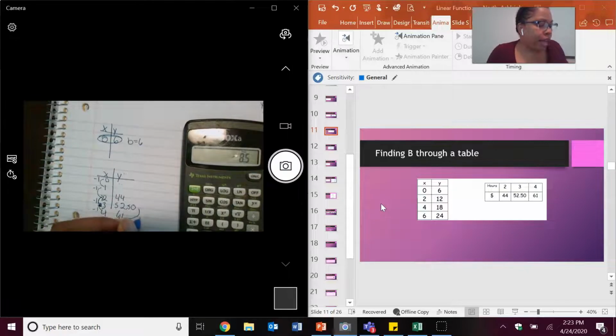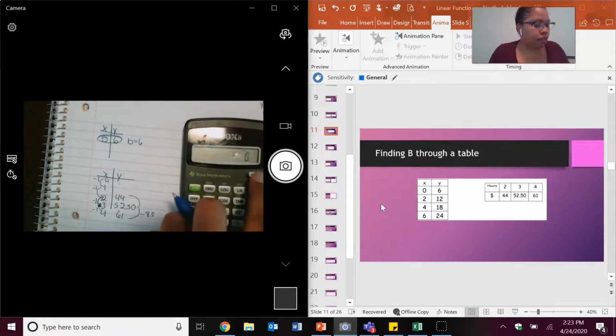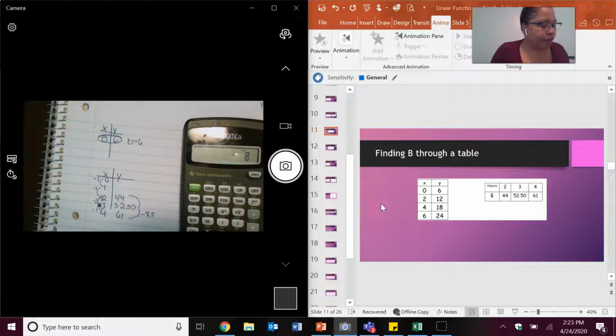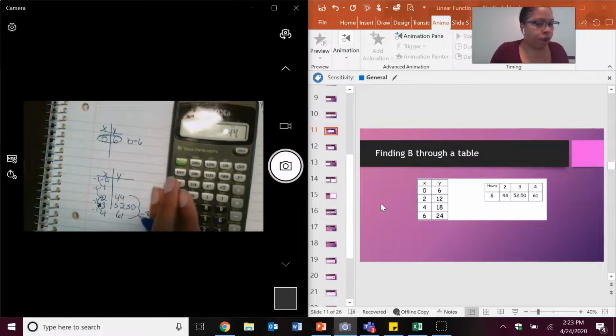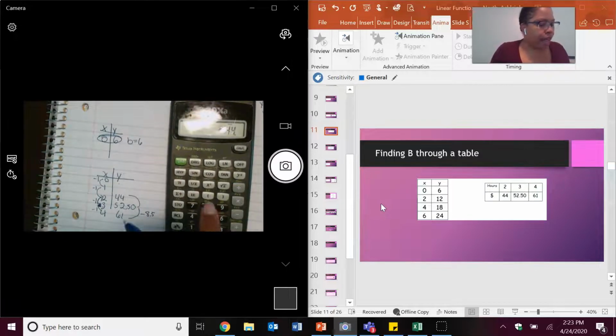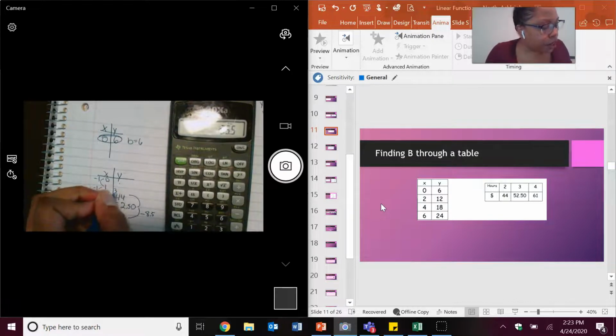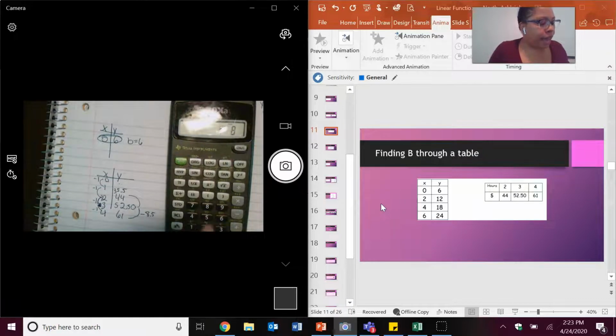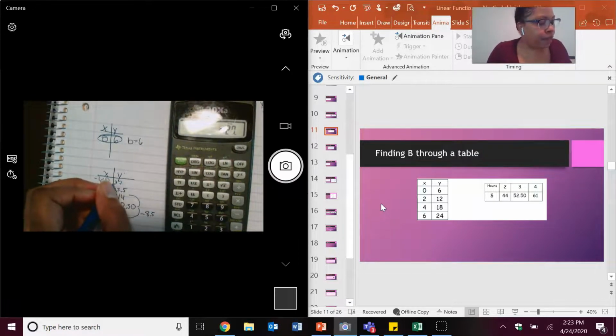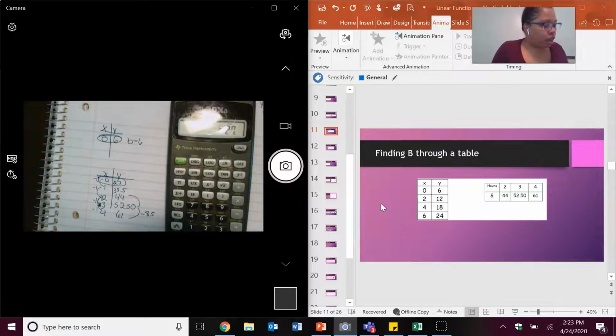So clearly, if I'm going down numbers, I minus 9. Let's start again. 61 minus 9 gave me 52, 52 minus 9 gave me 44, 44 minus 9 gave me 35, 35 minus 9 gave me 27. So therefore, my y-intercept is 27.